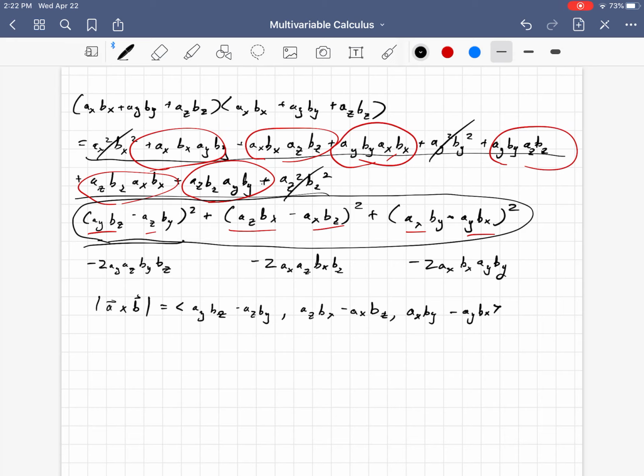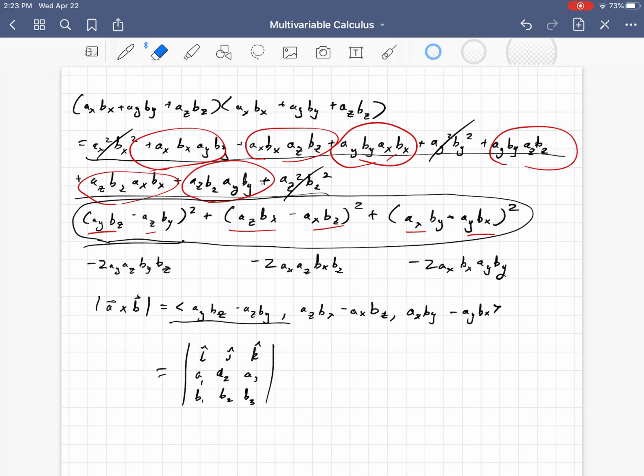And so if we write that as a determinant, that is if I had the vectors i, j, k, and a sub 1, a sub 2, a sub 3, b sub 1, b sub 2, b sub 3.